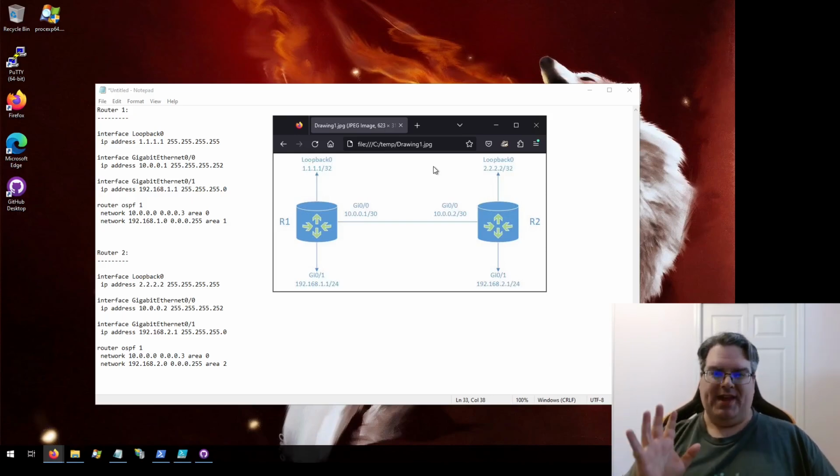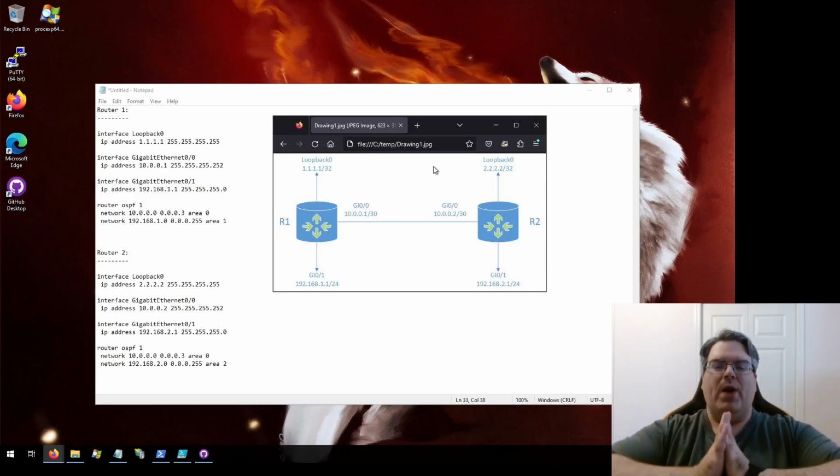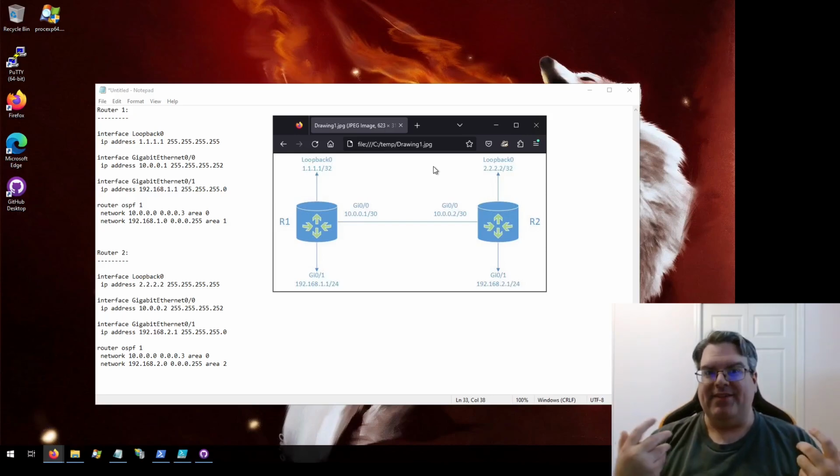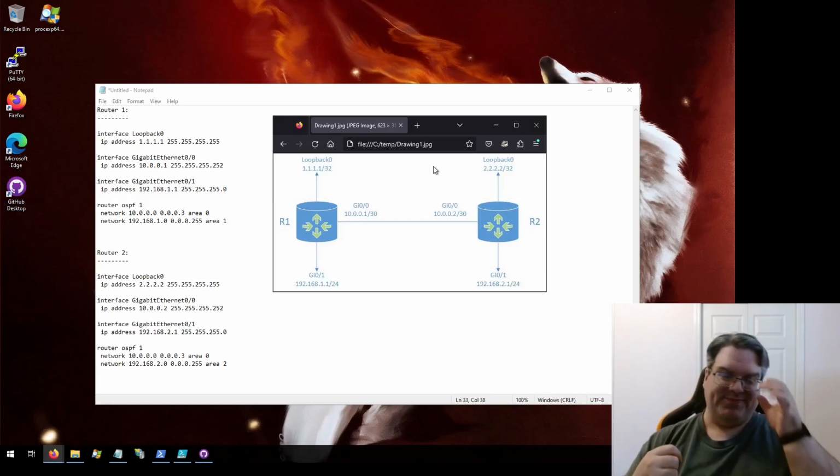In OSPF, when a router is sending out the link state advertisements, or LSAs, to tell everybody else what links it has that are up, down, and what addresses they're carrying, all of this is identified with its router ID, which means that you don't want routers to have the same router ID.